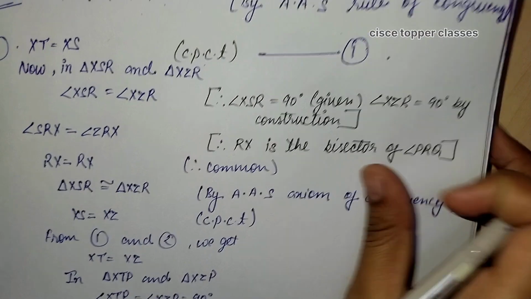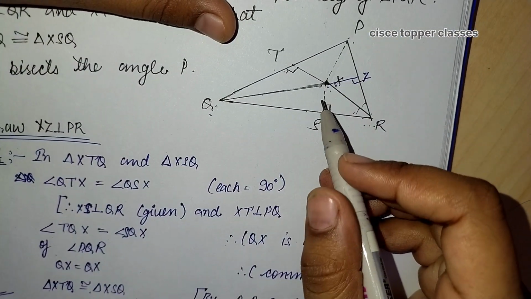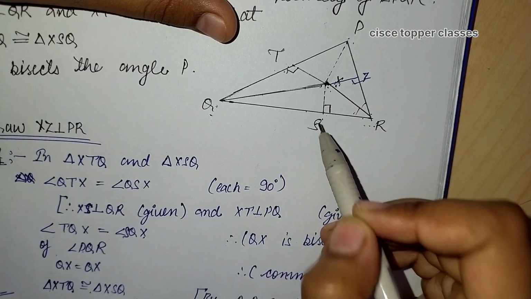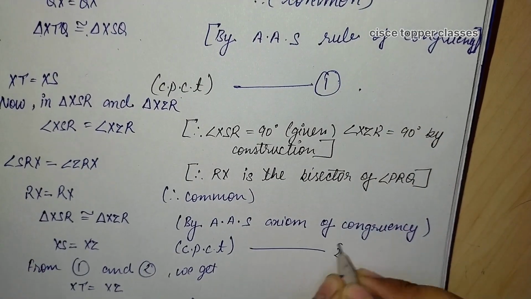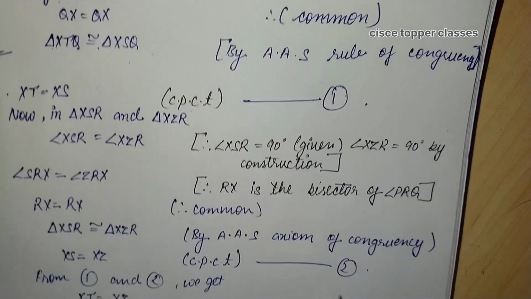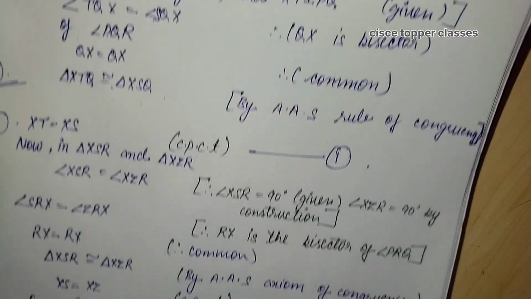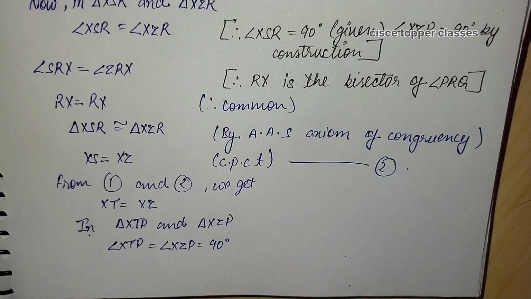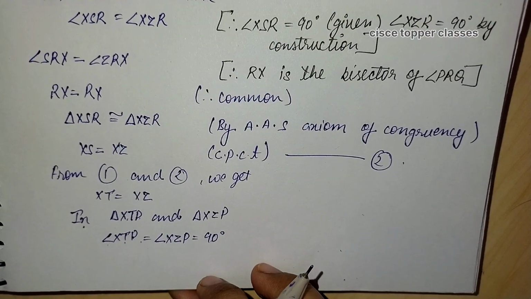So by CPCT we can prove that XS is equal to XZ, and because XS is equal to XT and XZ is equal to XS, we can say that XT is equal to XZ from these two pieces of information. So we can write that triangles XTP and XZP are congruent from this first and second part, and angle XTP is equal to angle XZP, which is 90 degrees.